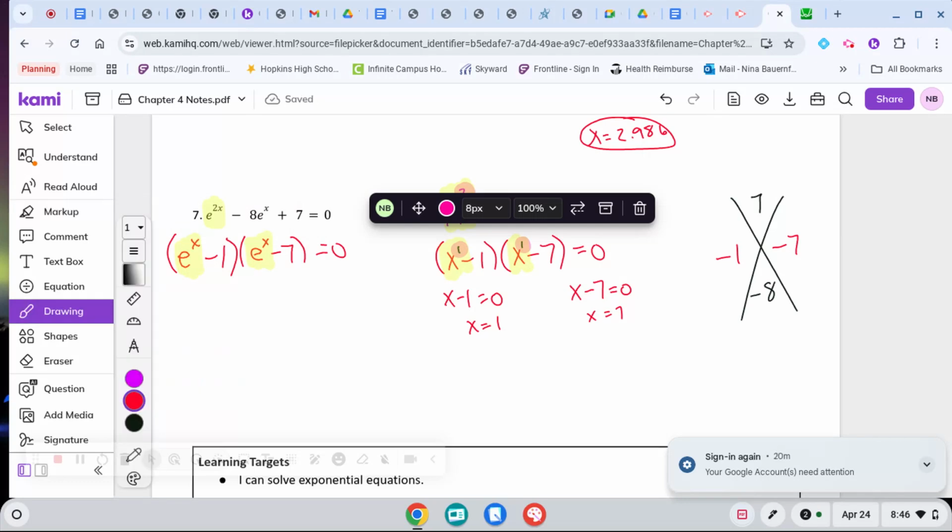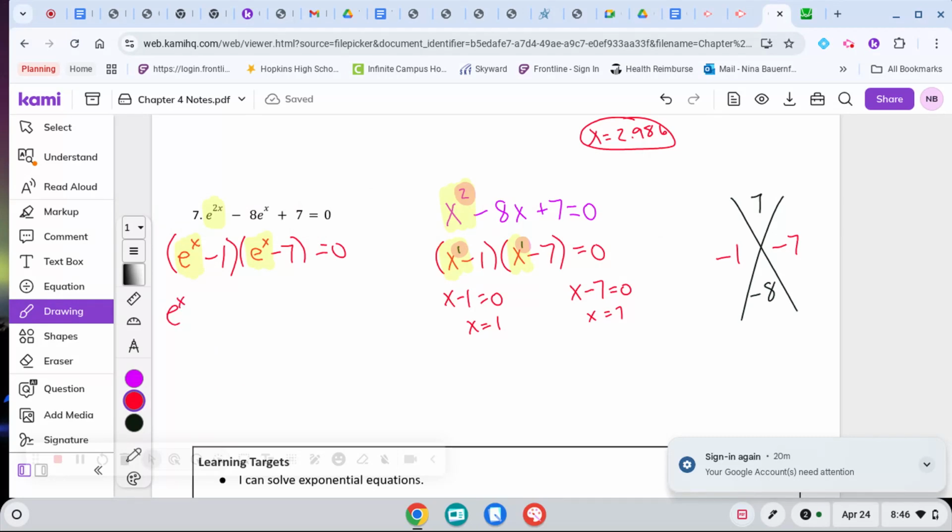Then we finish it by going e to the x minus 1 equals 0 and or e to the x minus 7 equals 0. If we add 1 to both sides, we get e to the x equals 1. And then remember, we can natural log both sides.